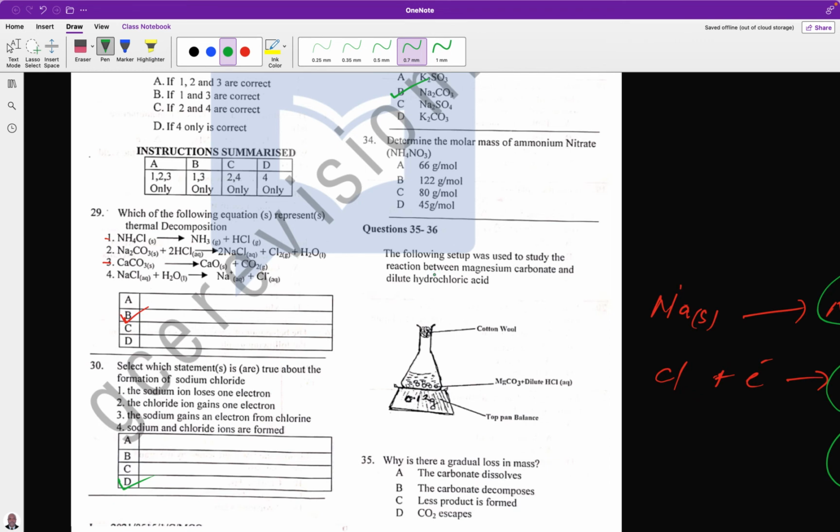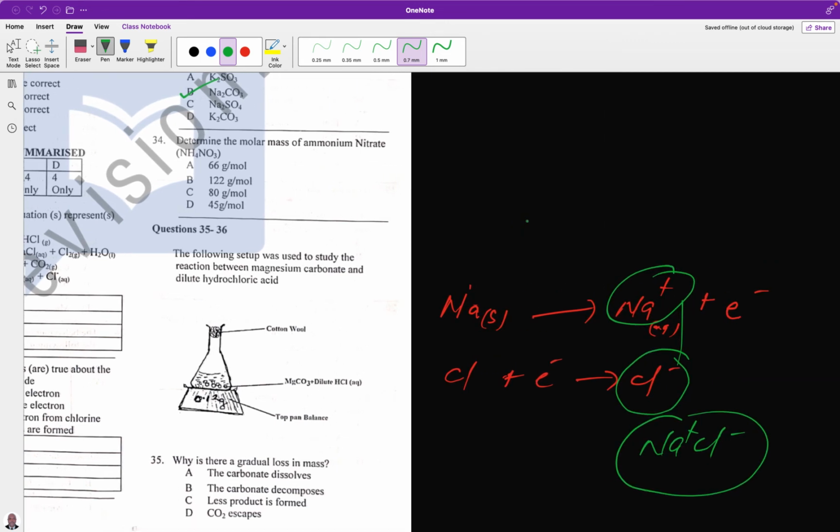Ammonium nitrate has 2 nitrogen, so 14 times 2, plus 3 oxygen, 16 times 3, plus 4 hydrogen, 1 times 4.